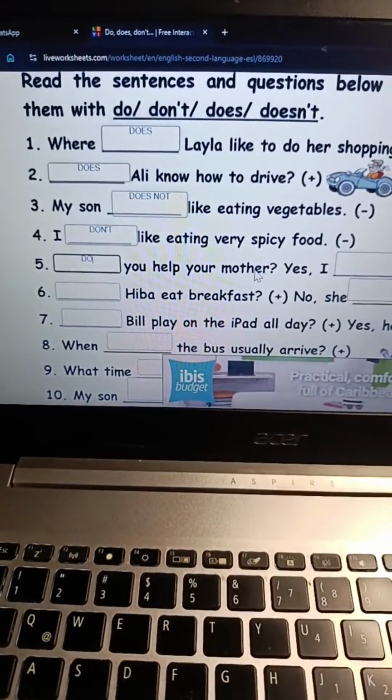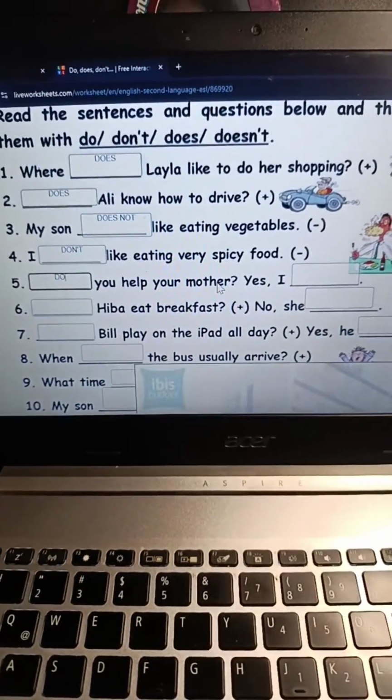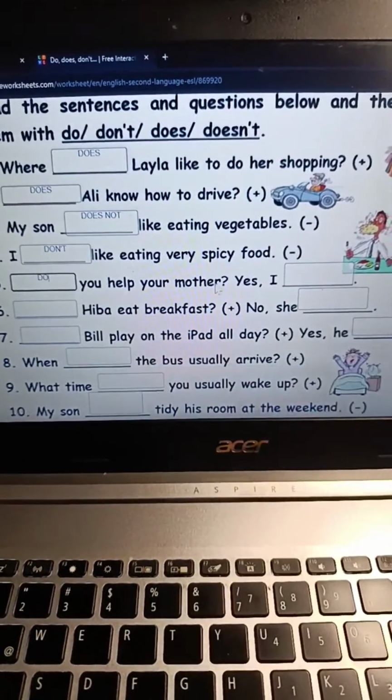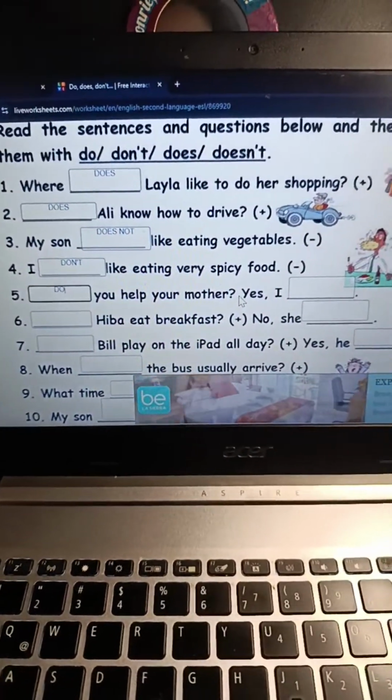We also use these words do and does to answer the yes/no questions. Let me change this for my camera. We also use do and does to answer the yes/no questions.